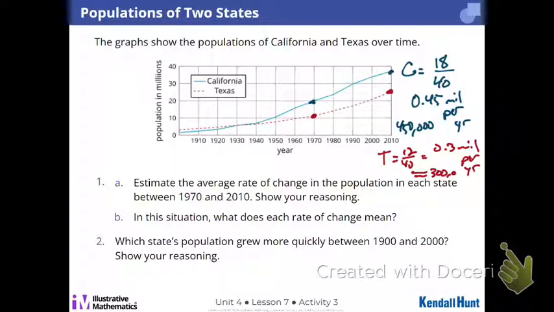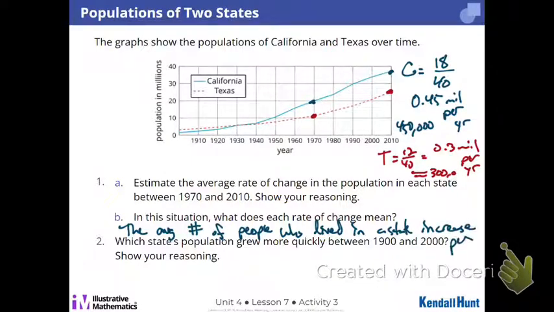It means the average number of people who lived in a state increase per year? Something like that. How much it went up per year? Did it ever go down in this case? No. I don't think, even right here, it looked like it thought about it, but then it didn't. It was just very low. Yeah, so it always increased.